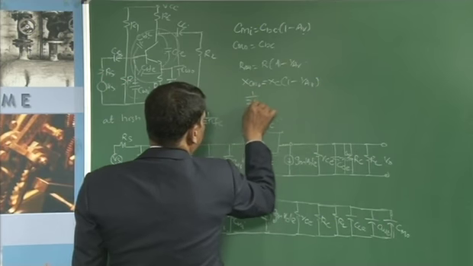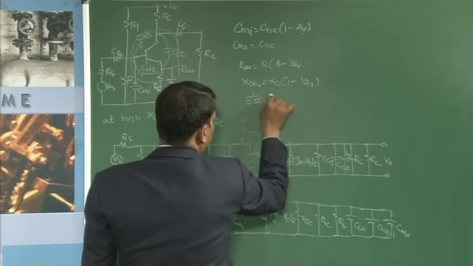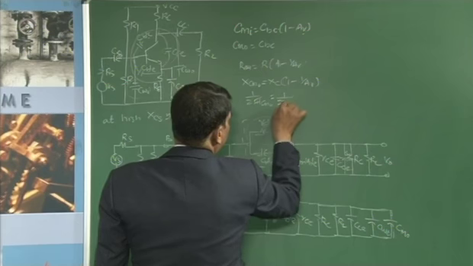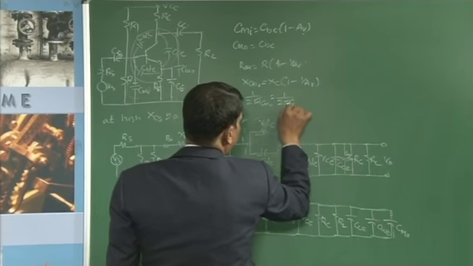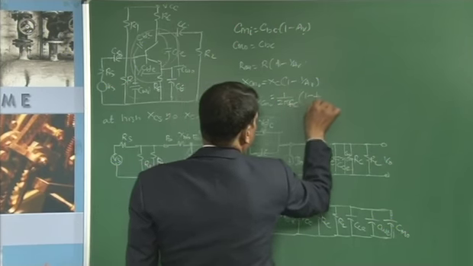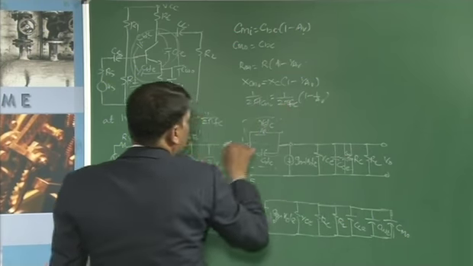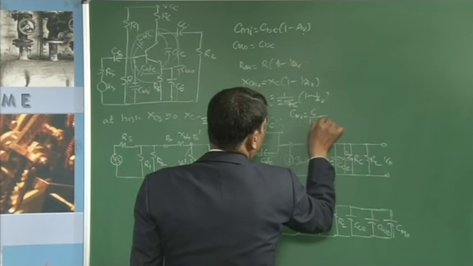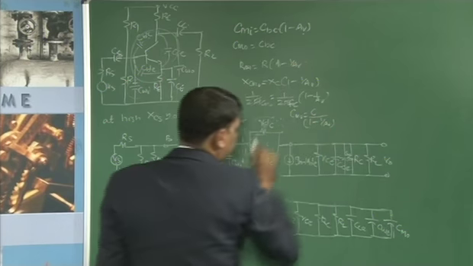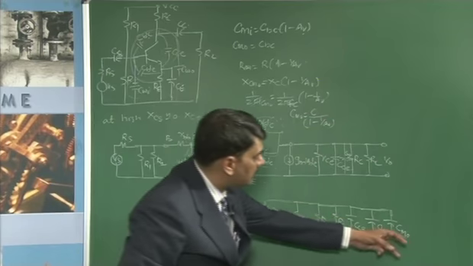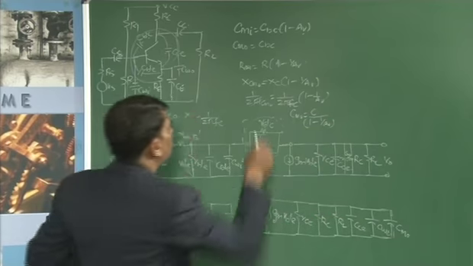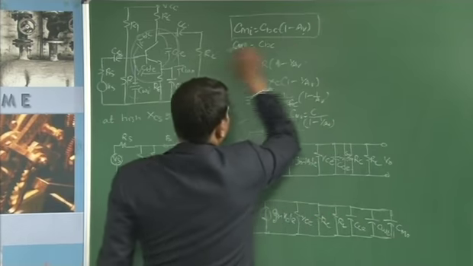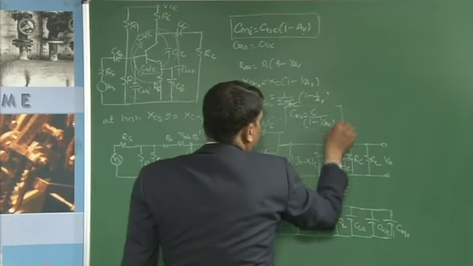Then 1 by 2 pi f CMO is equal to 1 by 2 pi f C times (1 minus 1 by AV). This 2 pi f cancels. Therefore, CMO is equal to C divided by (1 minus 1 by AV). This means the capacitors CMO and CMI are calculated by using these two expressions.